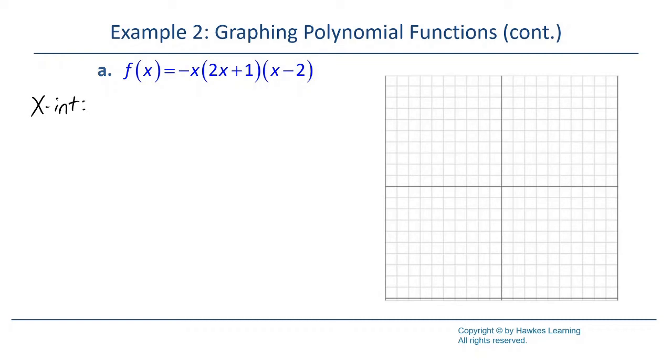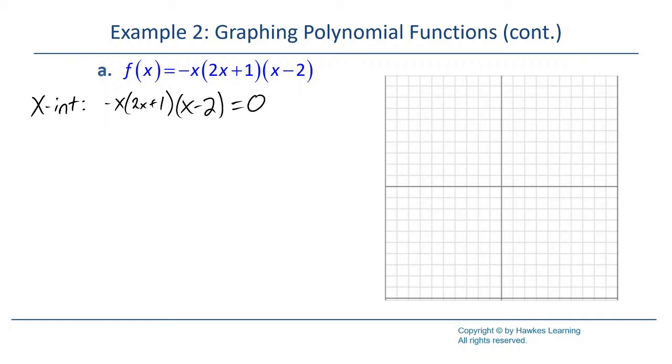Well, this one's already kind of nicely laid out in that it's already in factored form. And because of that, I can just go ahead and set each part equal to 0. So originally I would set it up like this. I want to know where this is equal to 0. Well, to do that, we set each individual component to 0, because if multiple things are multiplied and it equals 0, you know at least one of the things has to be equal to 0.